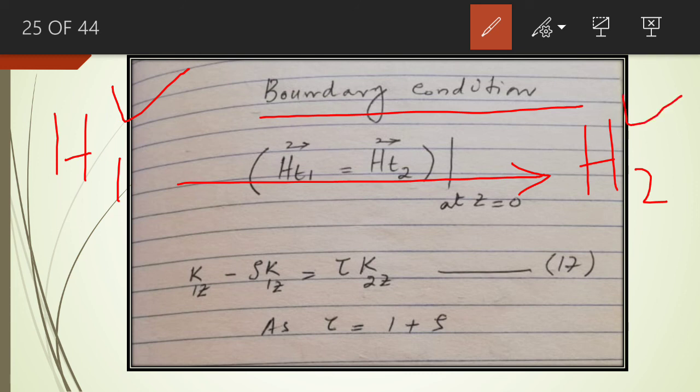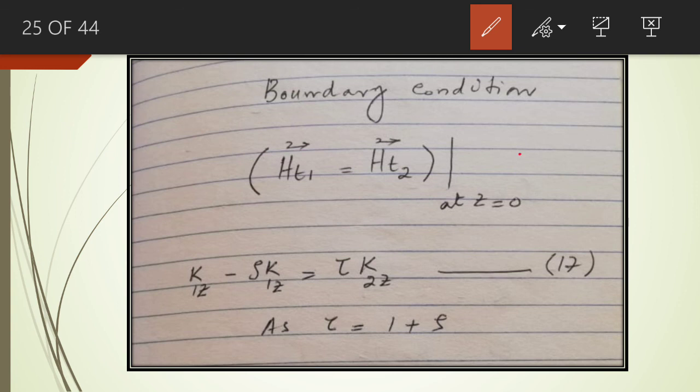Why? Because the tangential component does not change. So the tangential component of H1 in medium number 1 will be equal to the tangential component of H2 in medium number 2 near the interface. And the interface is located at z equal to 0. So according to the boundary condition, HT1 will be equal to HT2.